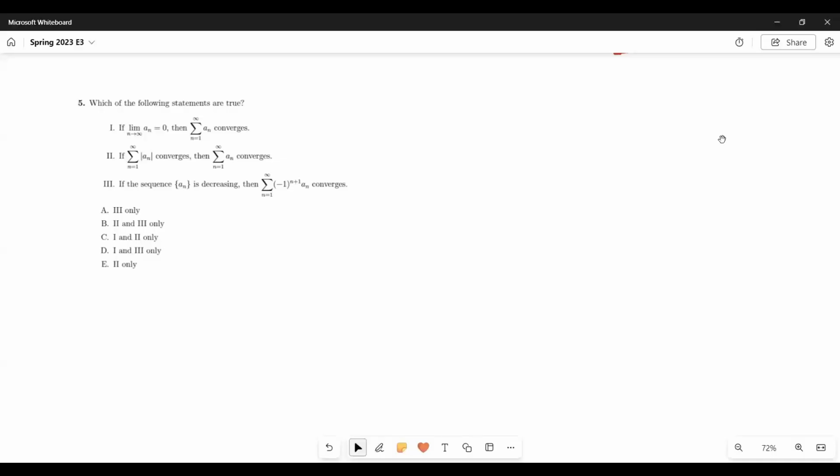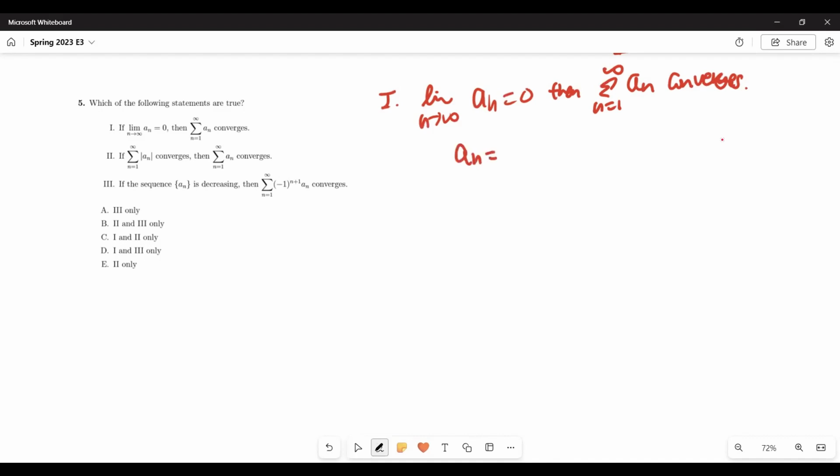Okay, this question asks which of the following statements are true. Okay, let's look at the first one. Limit n goes to infinity, a n is 0, then sum n equals 1 to infinity, a n converges. Okay, so if we say a n is maybe 1 over n, then limit n goes to infinity, this is 1 over infinity, so this is 0, right?